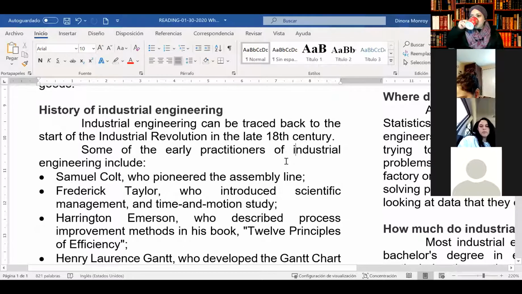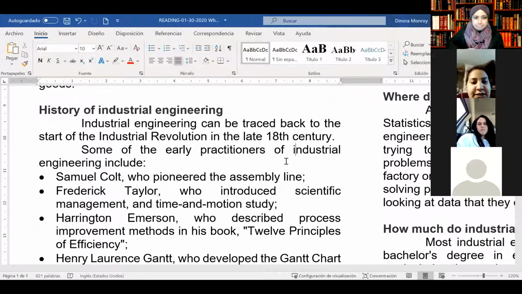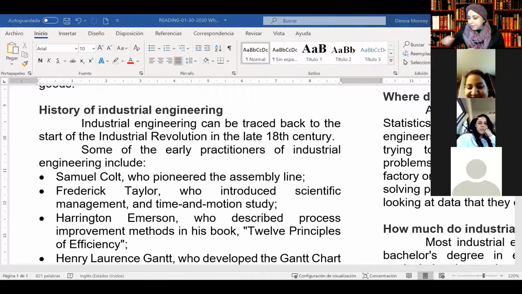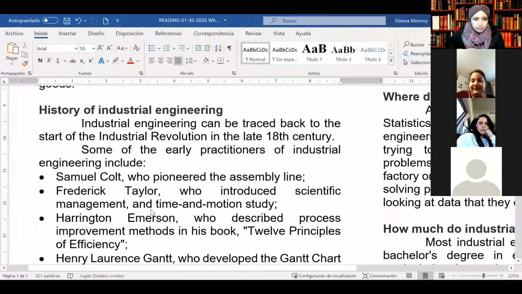Some of the early practitioners of industrial engineering include Samuel Colt, who pioneered the assembly line, and Frederick Taylor, who introduced scientific management and time and motion study.